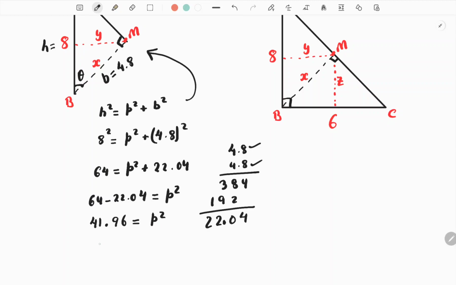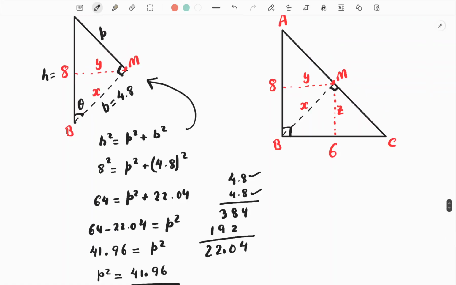From here we can write P square is equal to 41.96, or P is equal to root over 41.96. So now we have obtained the value of P.